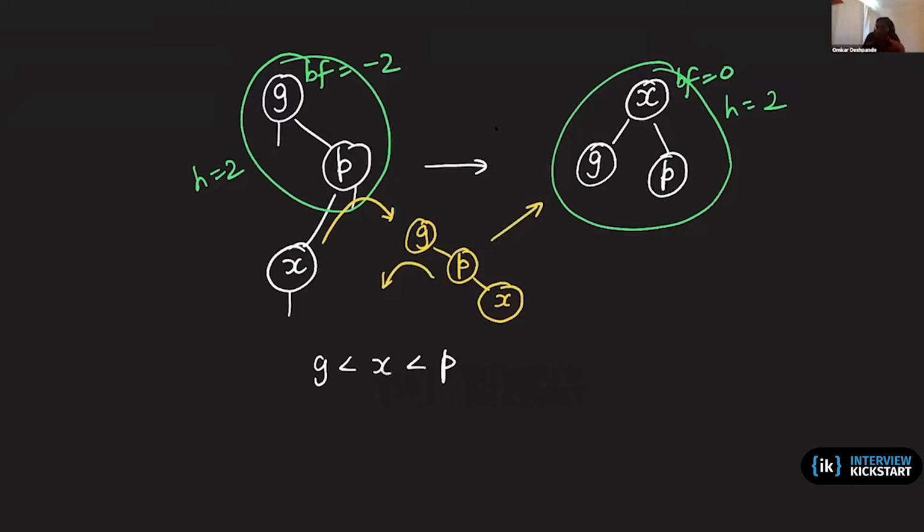Right, you can think of the first rotation as a rotation of x pushing p down like that. Oh, oops, I made a mistake. This is x, and this is p after the first rotation, and then the second rotation has x pushing g down. So it's like that. So x pushes g down and brings up p.